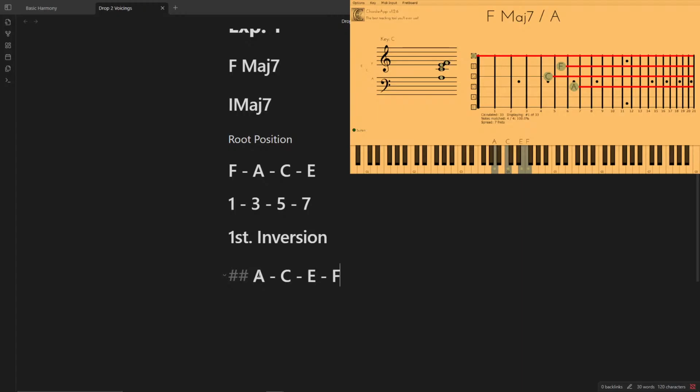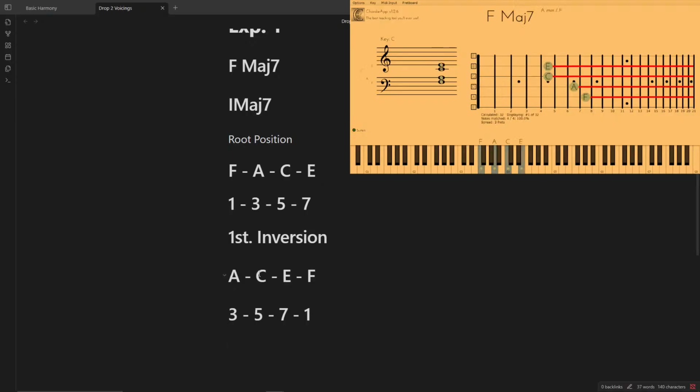So this will look like this if we write down just the note letters. If we are doing kind of our analysis with our generic intervals, we are now seeing the third is in the bass, followed by the fifth of the chord. Then we play the seventh of the chord, and then we have the 1 of our chord. This is first inversion. Let's continue.